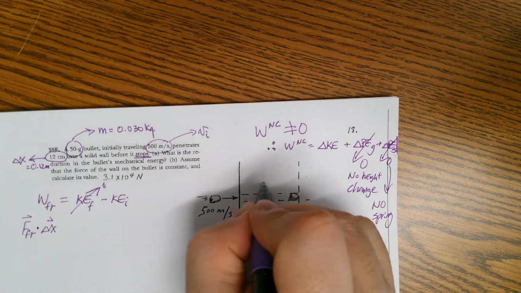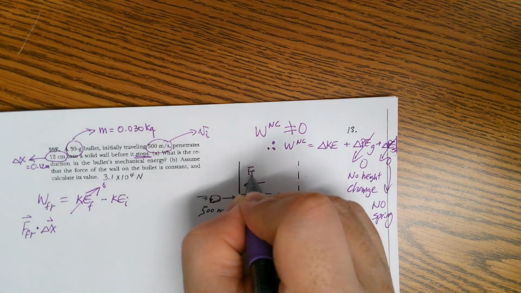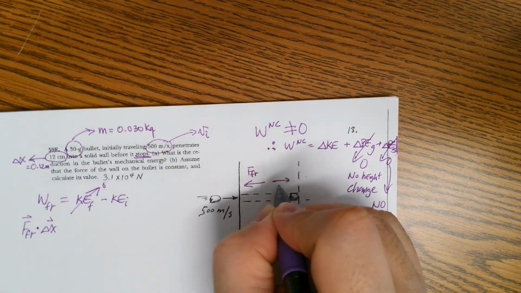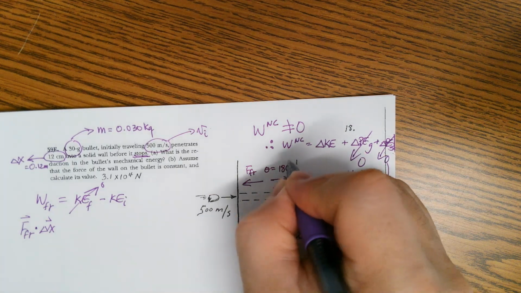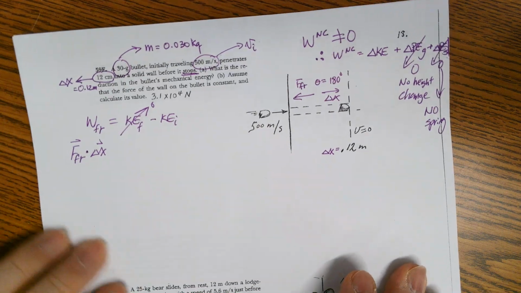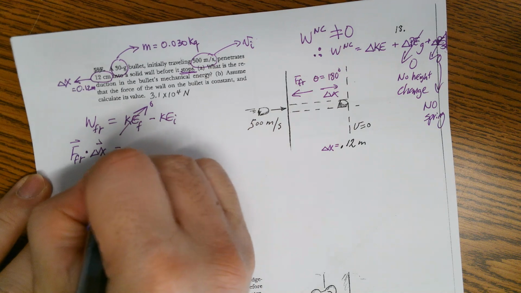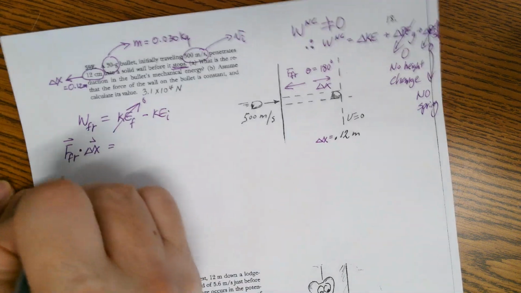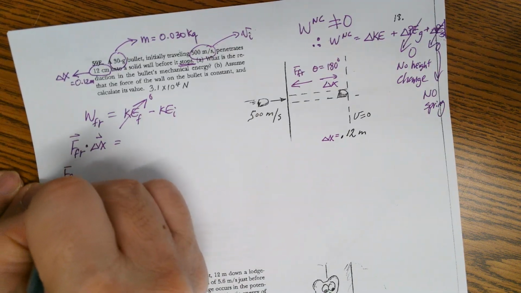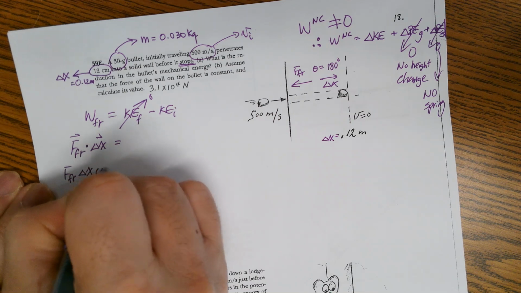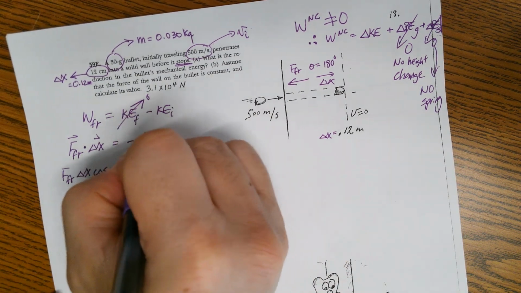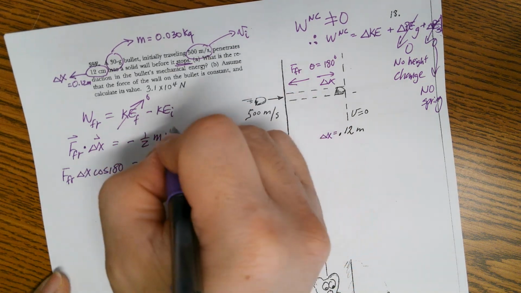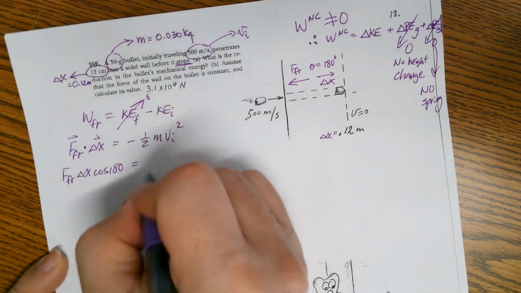Now friction is acting in this direction, and delta x is going in that direction, so the angle theta is equal to 180 degrees. Therefore, F friction times delta x times cosine of 180 is equal to negative 1/2 m v initial squared.